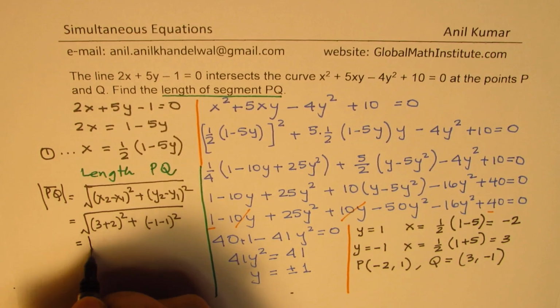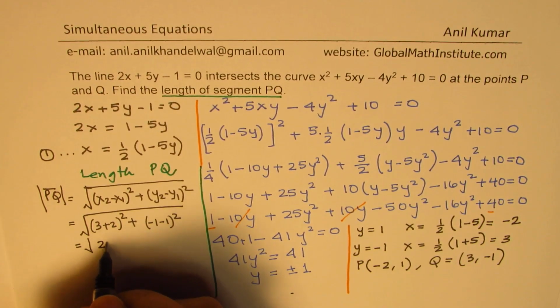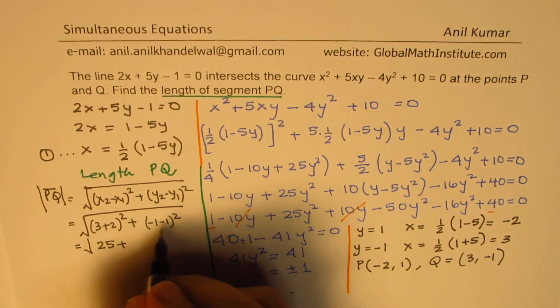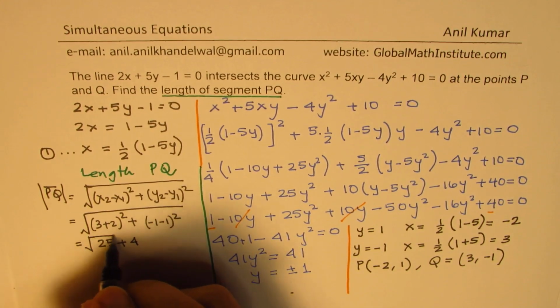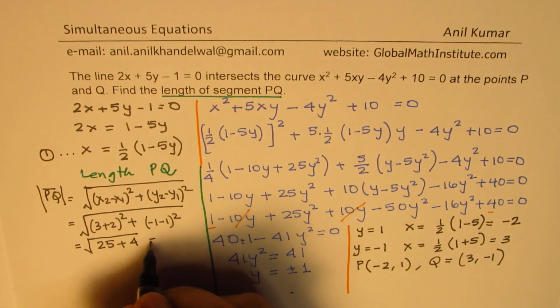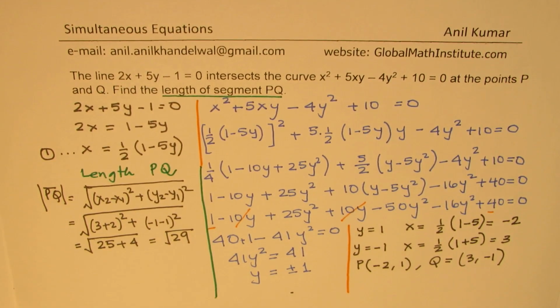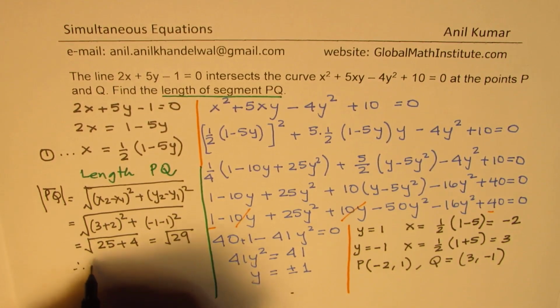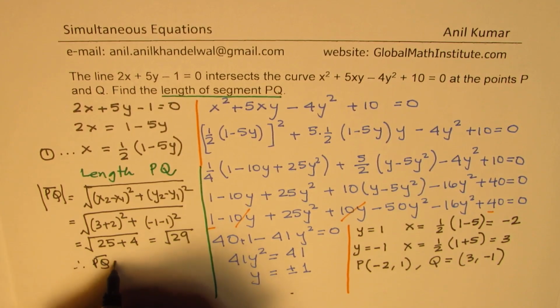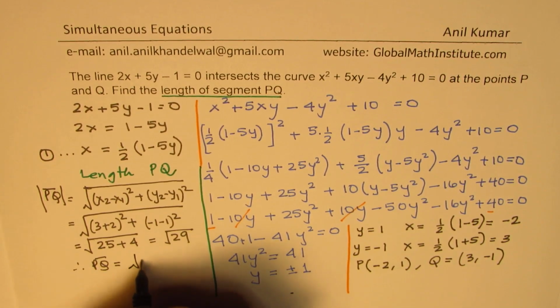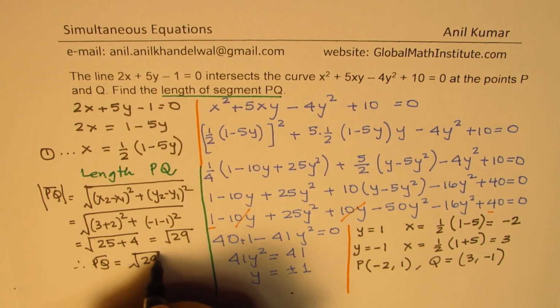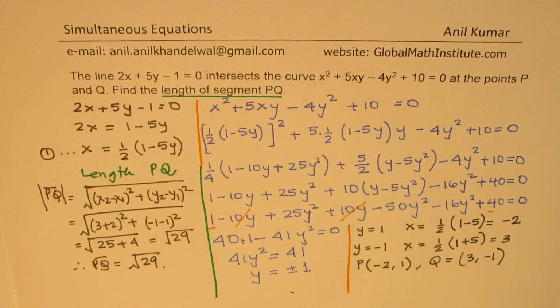So that gives you square root of 5 squared, which is 25, plus 2 squared, which is 4. So we get square root of 29 as the distance, right? So therefore, the distance PQ is equal to square root of 29. So that becomes the exact solution.